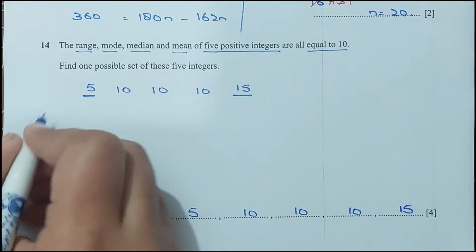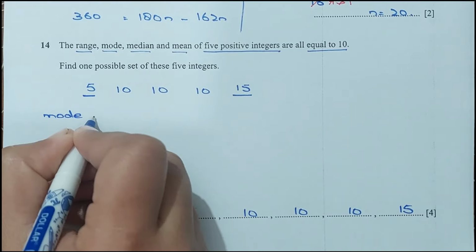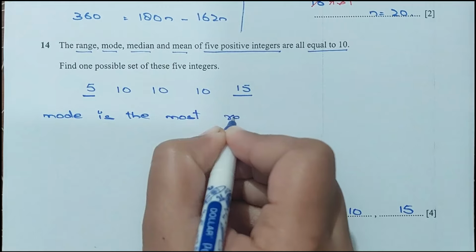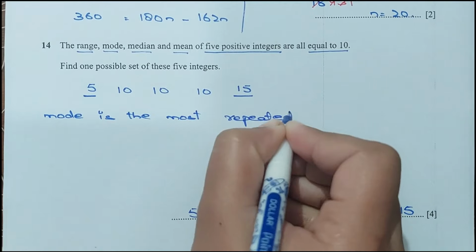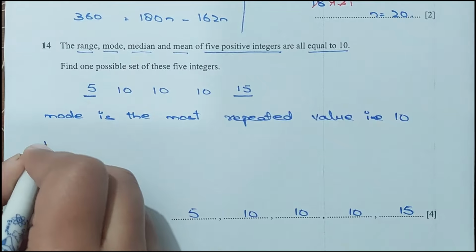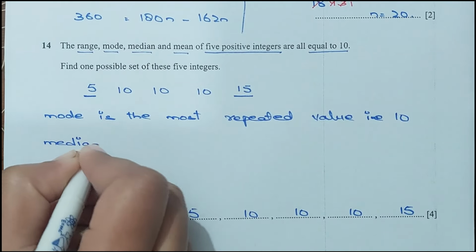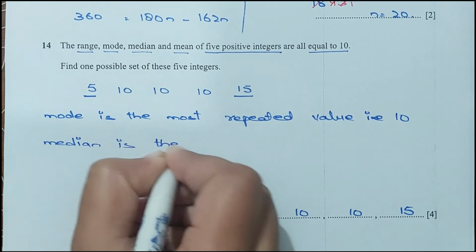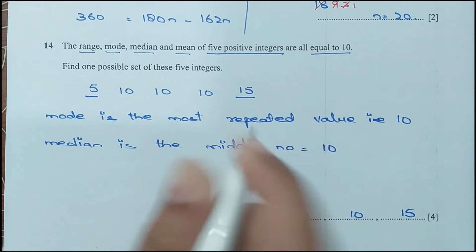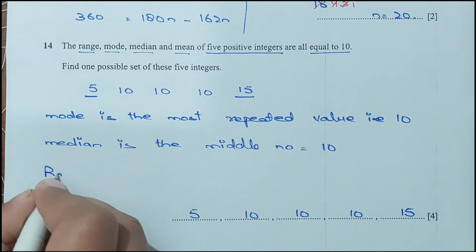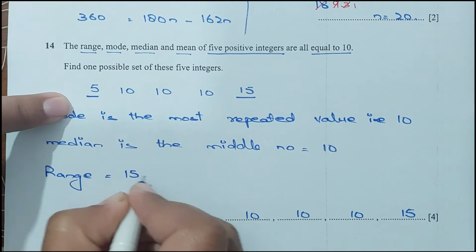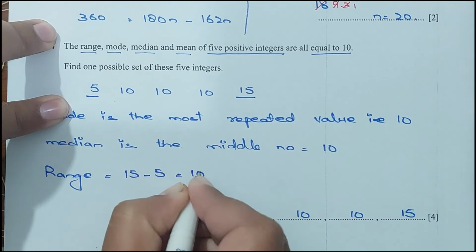These are the simplest ones. So let me write down: mode is the most repeated value, that is 10, or median is the middle number, that is 10. Middle number is also 10. And range is the difference between the higher one, 15, and the lower one, 5. The difference of 15 and 5 is 10.